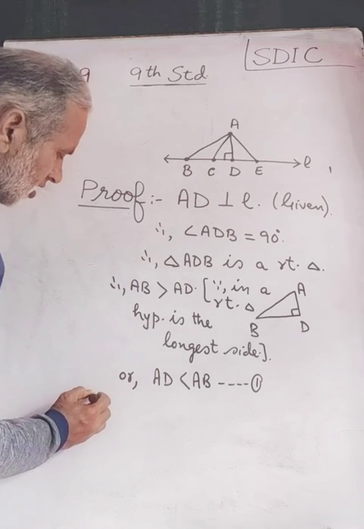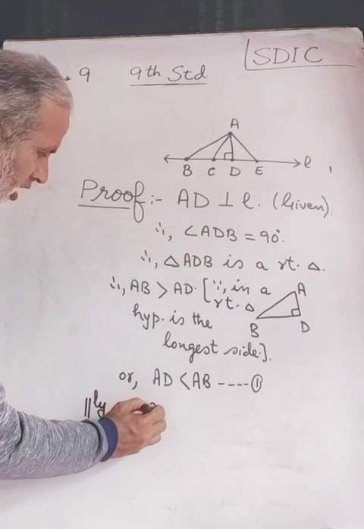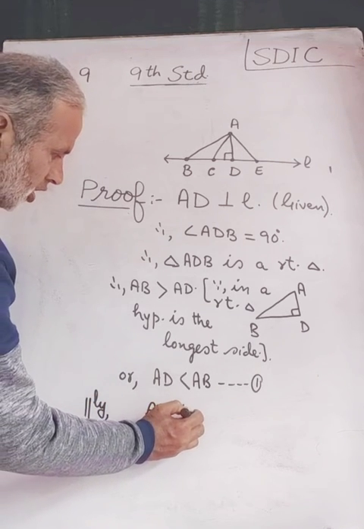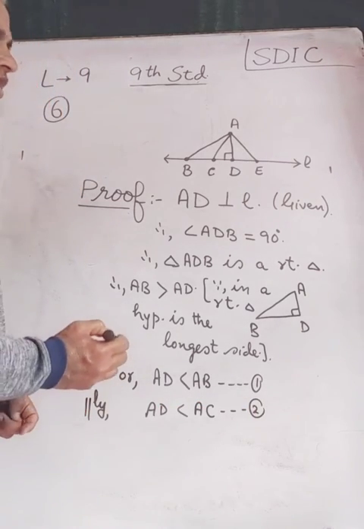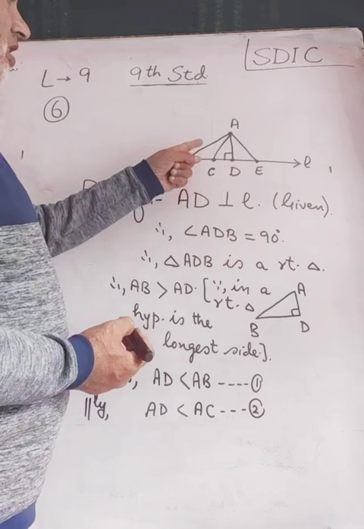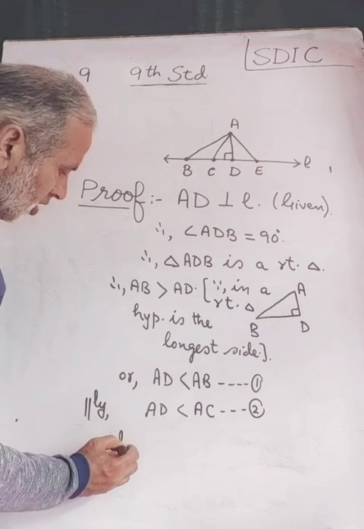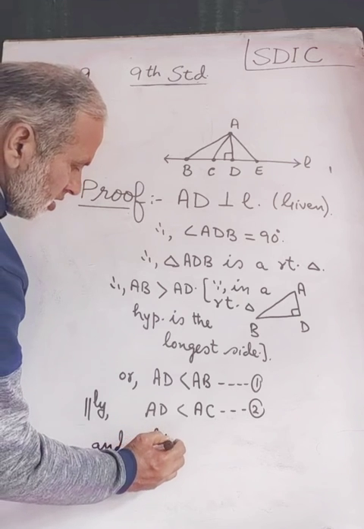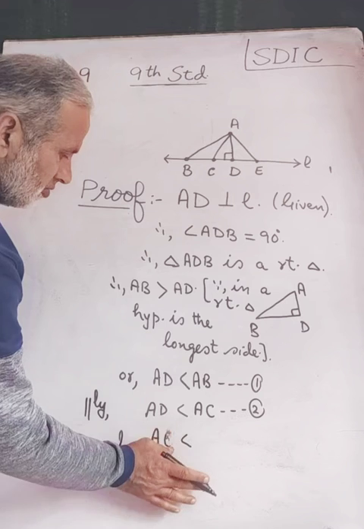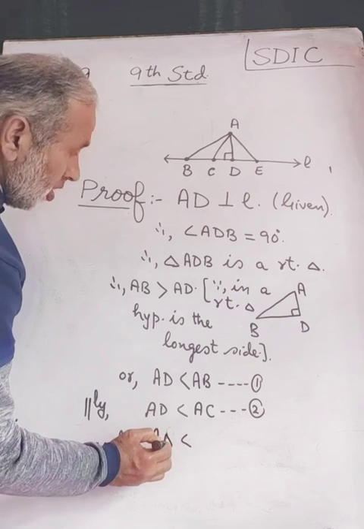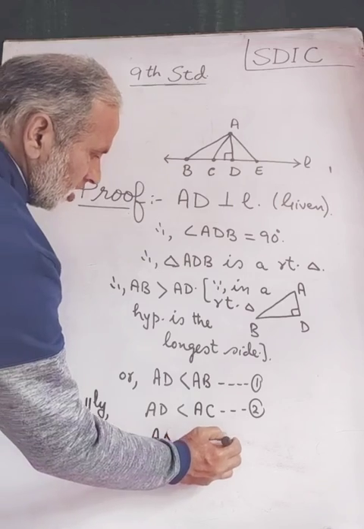We'll write similarly, AD is shorter than AC. This is the second result got from the second right triangle, and there is a third right triangle also, from where we'll get AD is shorter than AE. Mark it number 3.